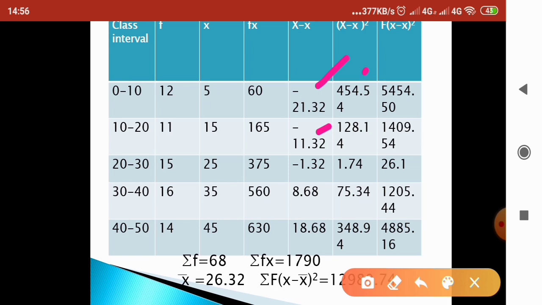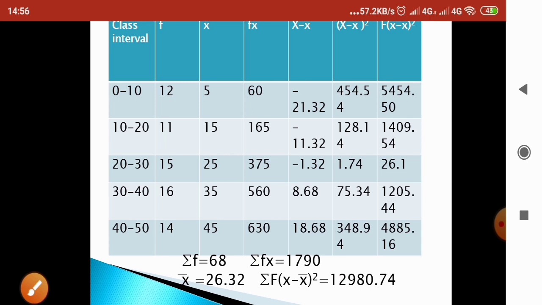In the next column we have squared it up. The square of 21.32 is 454.54, and of 11.32 is 128.14. Similarly we have calculated for all, and next what we need is sigma of f into (x minus x bar) the whole square.